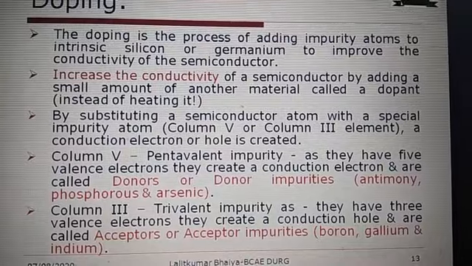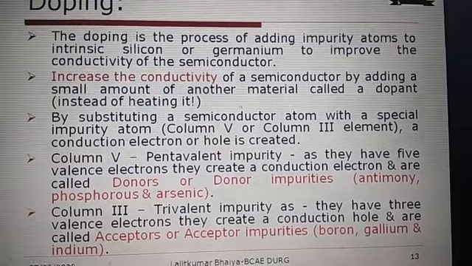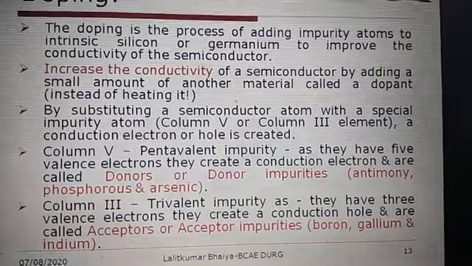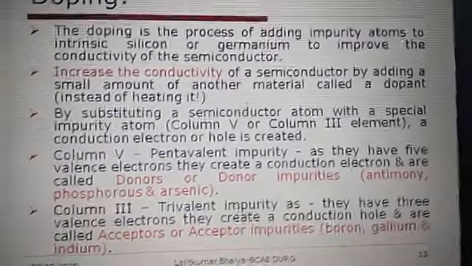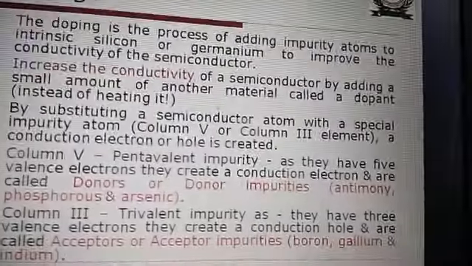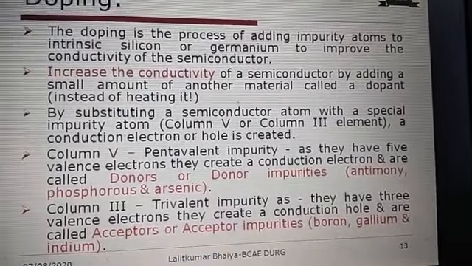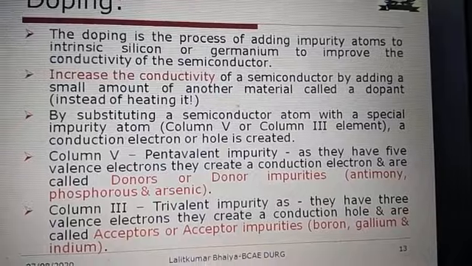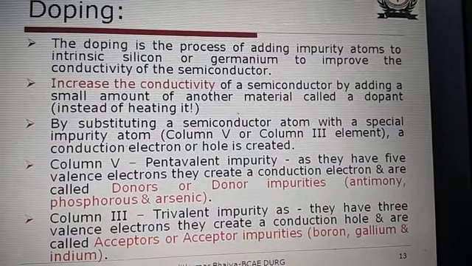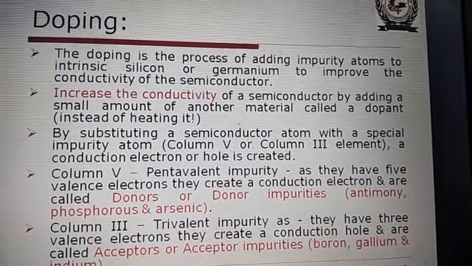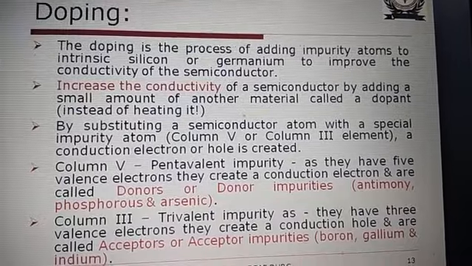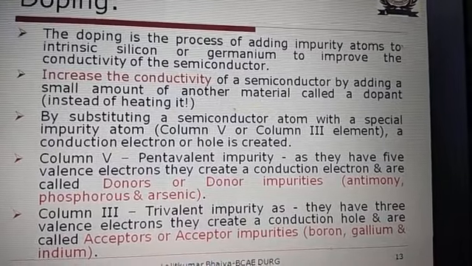As you add the doping agent, the conductivity will increase. At zero temperature the semiconductor will act like an insulator, but after adding this impurity and supplying certain energy, the conductivity will increase.